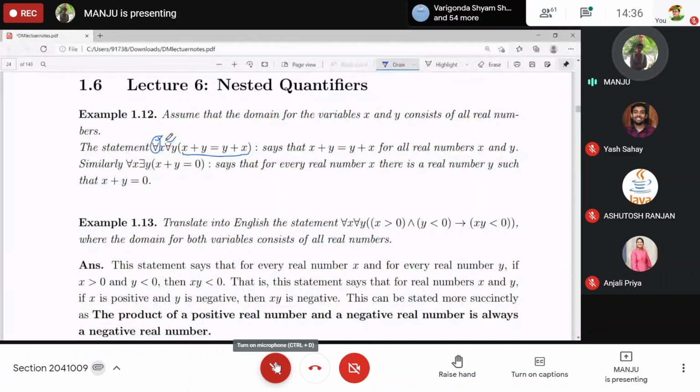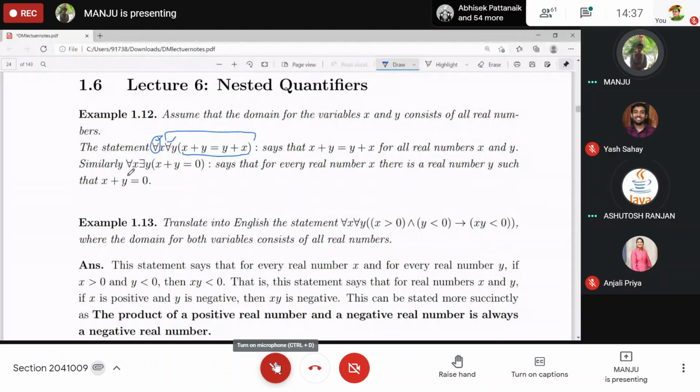This is applied on this part of the logical expression. So the scope of the outside quantifier is bigger than the scope of this one, right? What does scope mean? The part of the logical expression where we are applying this. Okay.